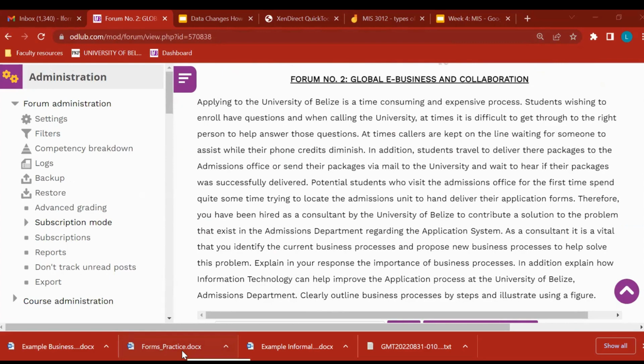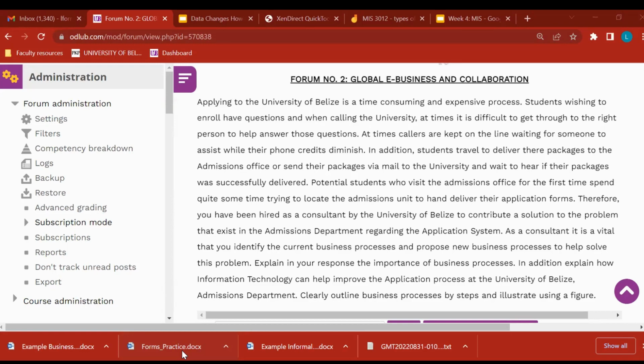Forum number 2, global e-business and collaboration. Applying to the University of Belize is a time-consuming and expensive process. Students wishing to enroll have questions, and when calling the university, at times it is difficult to get through to the right person to help answer those questions. At times, callers are kept on the line waiting for someone to assist while their phone credits diminish.